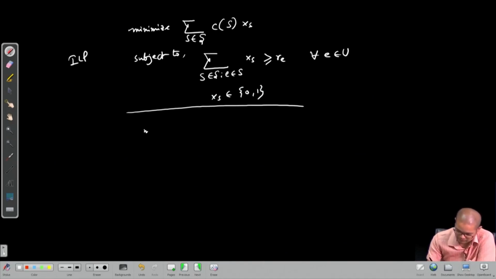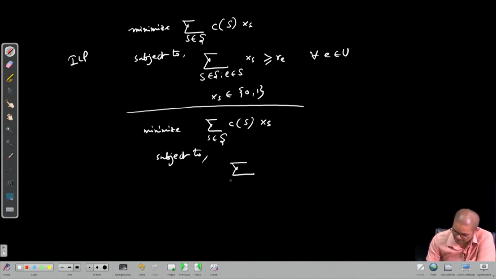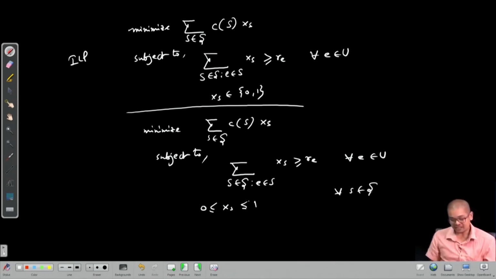Now we relax it. Minimize the sum of C(S) x_S over S in cal S, subject to the sum over sets S containing E of x_S being greater than or equal to R_E for all E in U, and x_S between 0 and 1 for all S in cal S. Here, because each element needs to be covered more than once, we cannot simply drop the constraint that x_S is at most 1.